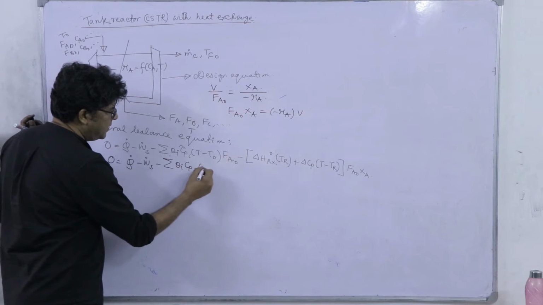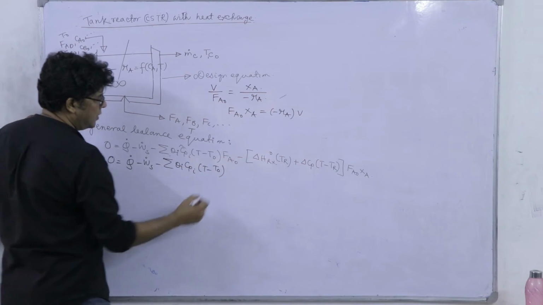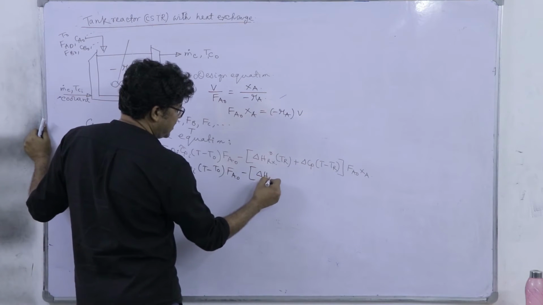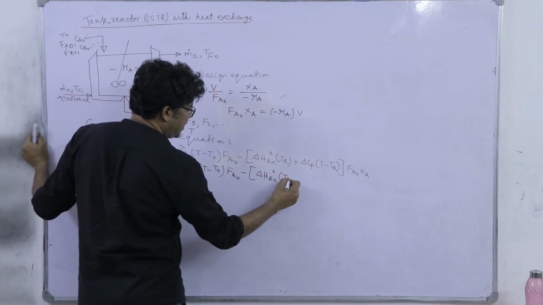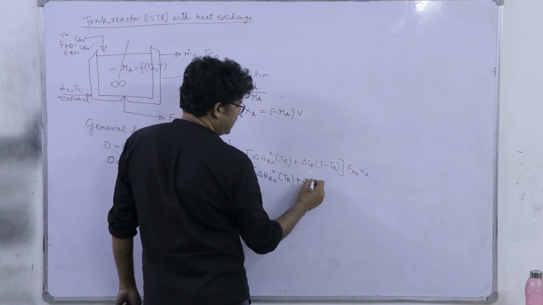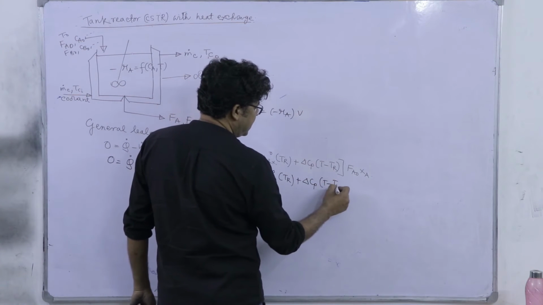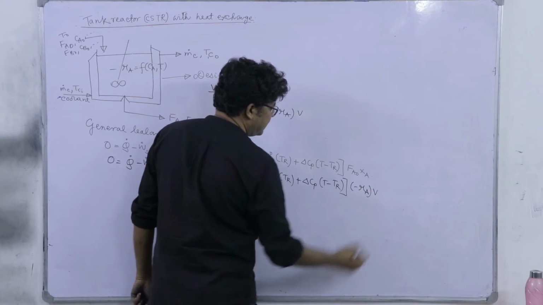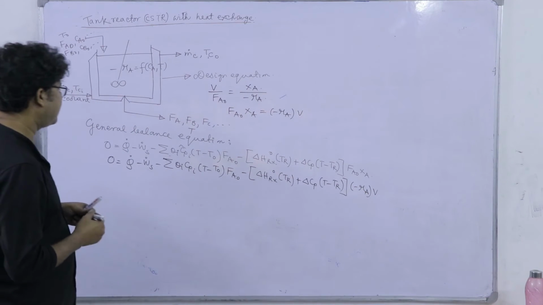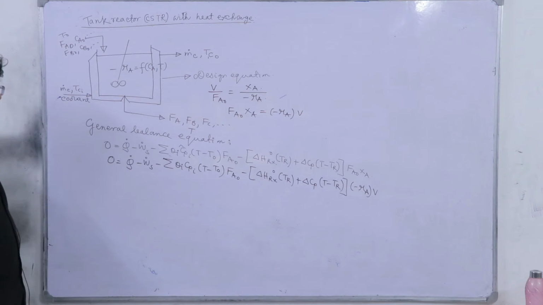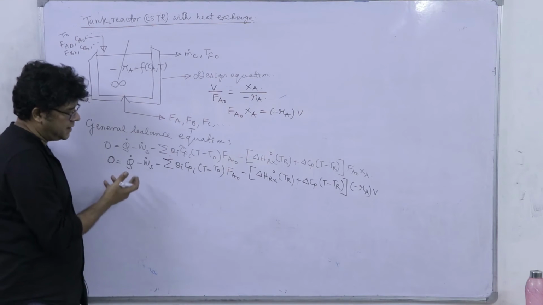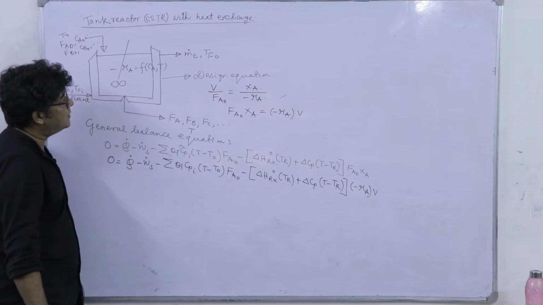So, we will discuss that. Theta I Cpi T minus T naught into Fa naught minus delta H R x naught at Tr plus del Cp T minus Tr into minus Ra into V. So, that is my equation, but before we go for the final form we have to replace this Q dot.